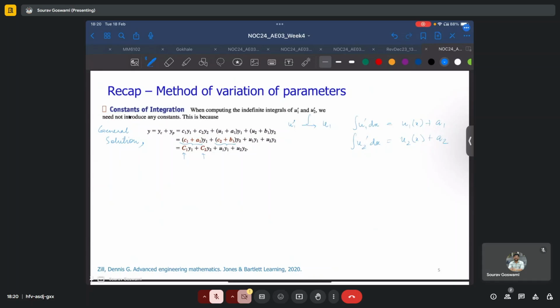A comparison of the method of variation of parameters and the method of undetermined coefficients.